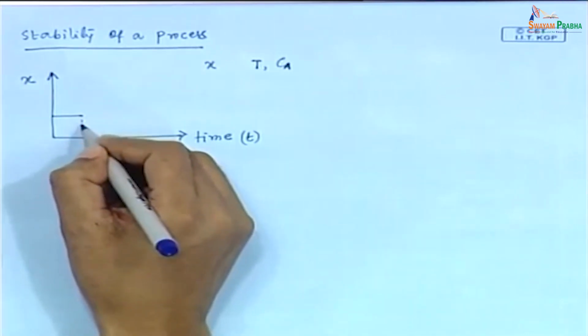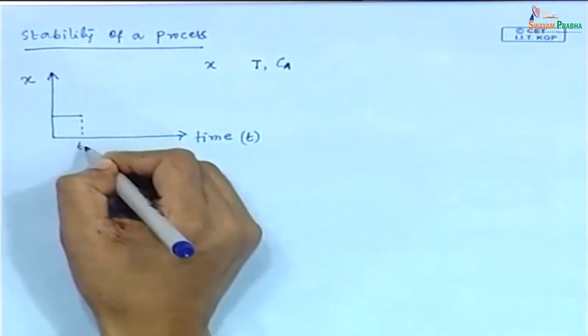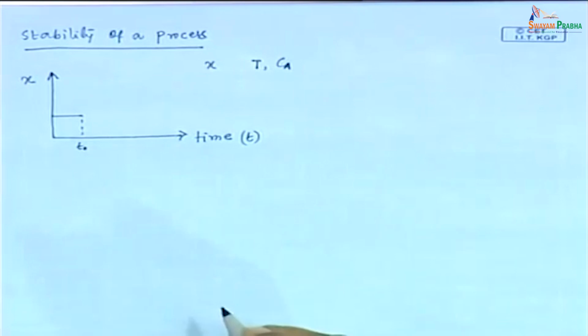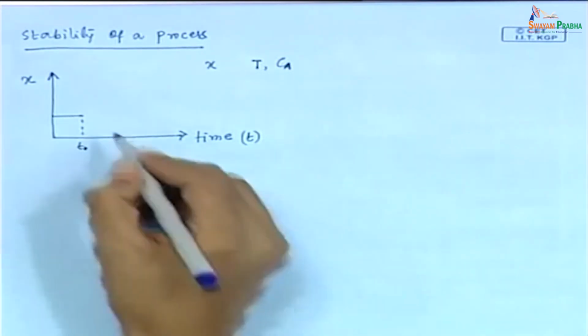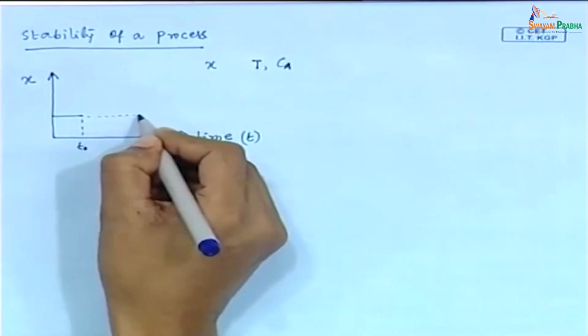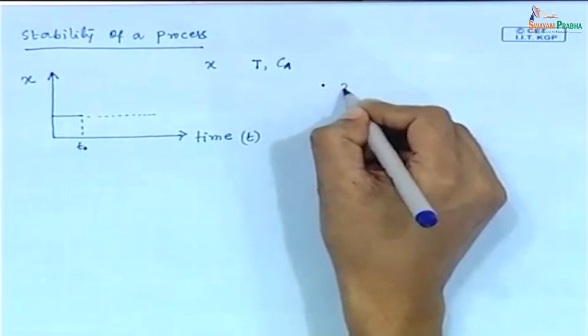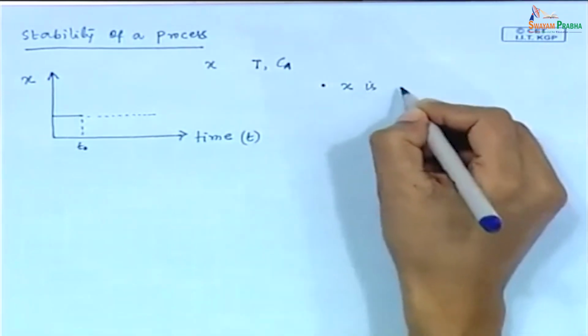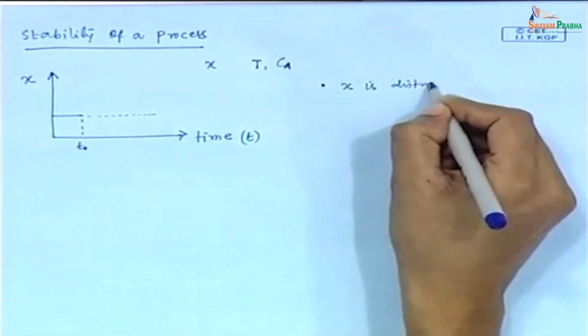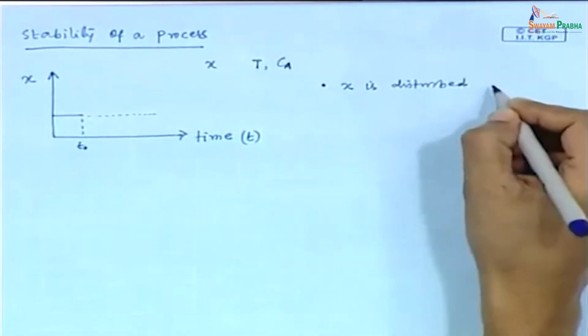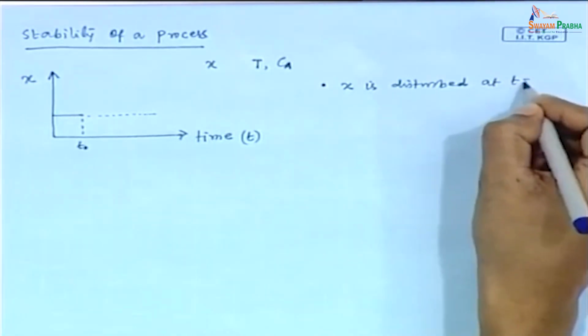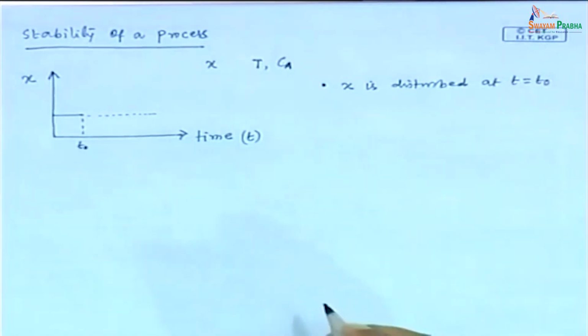Now, at time t equals t naught, the x is disturbed. This is the steady state value of x. Now, first x is disturbed at t equals t naught. Fine.